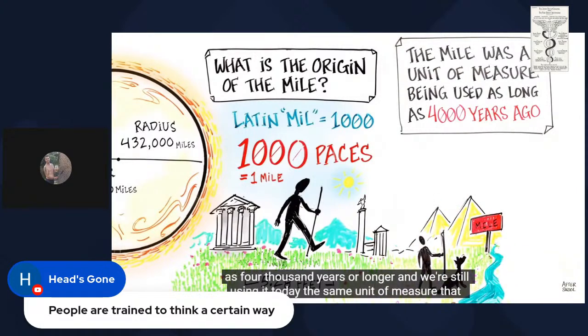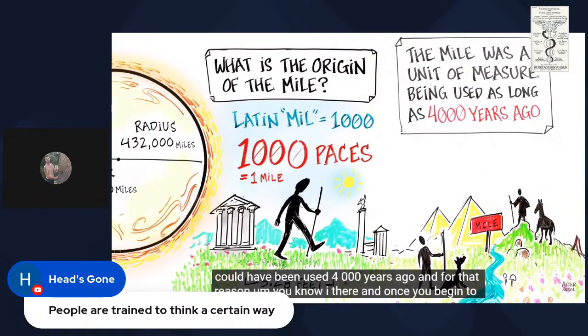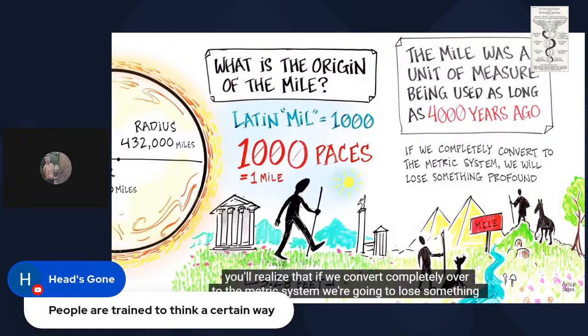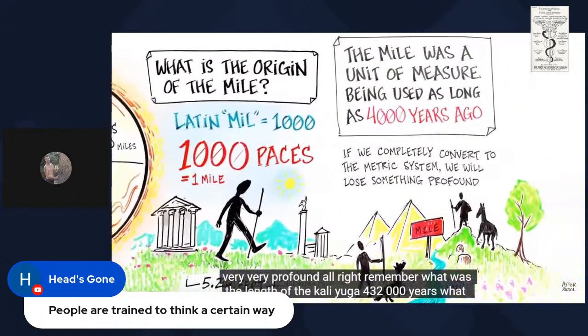And we're still using it today, the same unit of measure that could have been used 4,000 years ago. And for that reason, once you begin to understand the sacred basis of our ancient metrological or measuring systems, you'll realize that if we convert completely over to the metric system, we're going to lose something very, very profound.